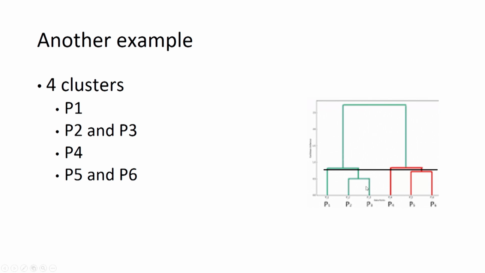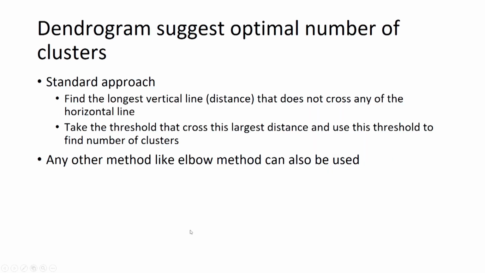So, these are the 4 clusters that are formed if this is the threshold in the dendrogram. So, we have seen how the dendrogram can be used to find the optimal number of clusters.